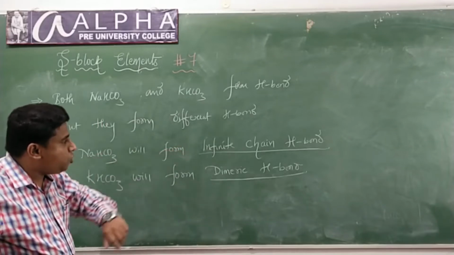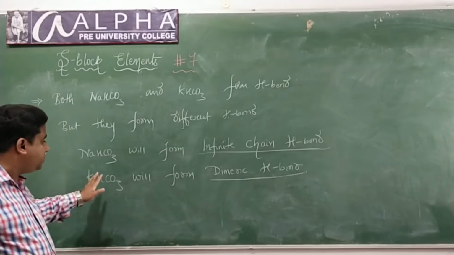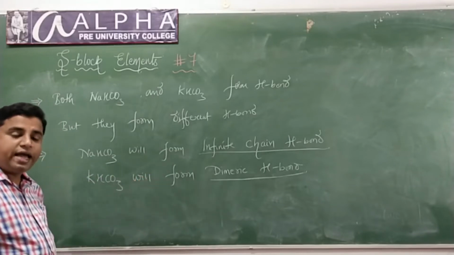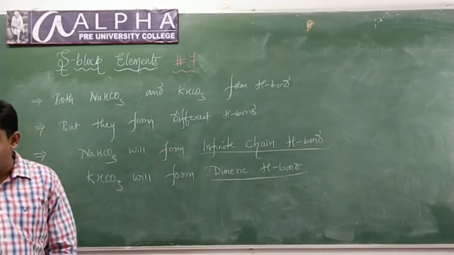Sodium bicarbonate will form an infinite chain hydrogen bond, whereas potassium bicarbonate will form a dimeric hydrogen bond. What is a dimeric hydrogen bond and what is an infinite chain hydrogen bond?